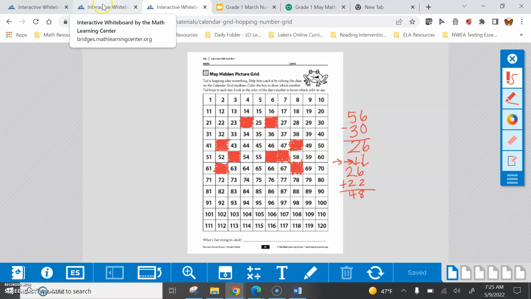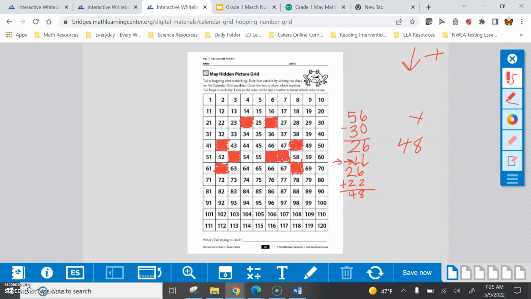Now, I want you to see how we came up with those numbers. It's very important you understand that. To move from 48 down to, remember we talked about anytime you go down, you're adding 10.